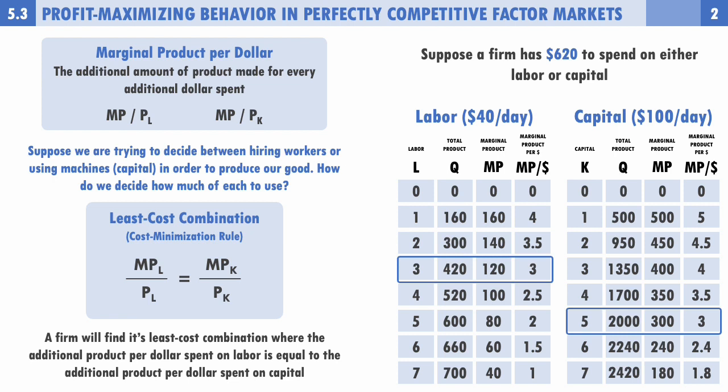I should be hiring more workers because they are more productive at that point than the machines are. And so we would start hiring more workers, which means we're bringing in fewer machines, and we wait till those balance out. And once they are equal, we know that we are not better off using our money toward more labor or more capital. When they are equal, that is our cost minimization, meaning we're getting the most bang for our buck.